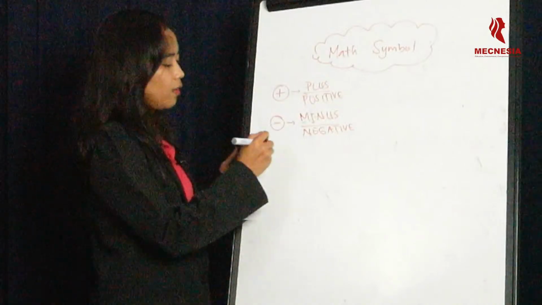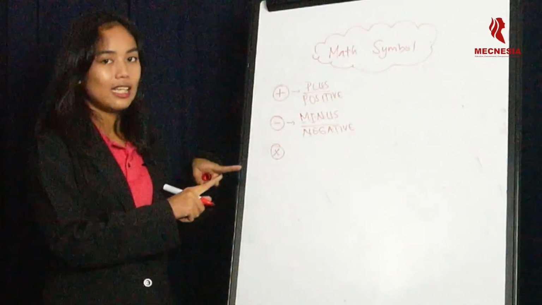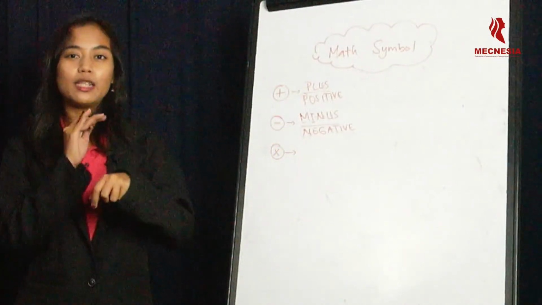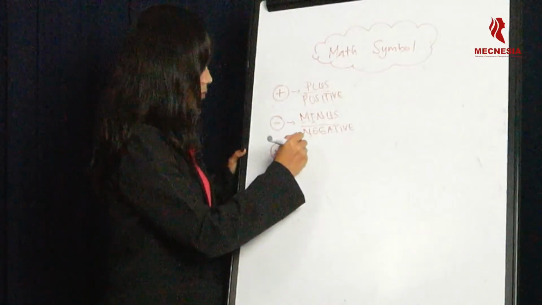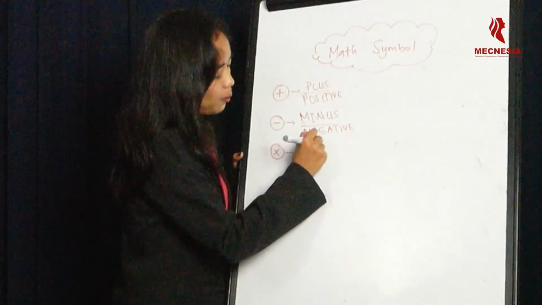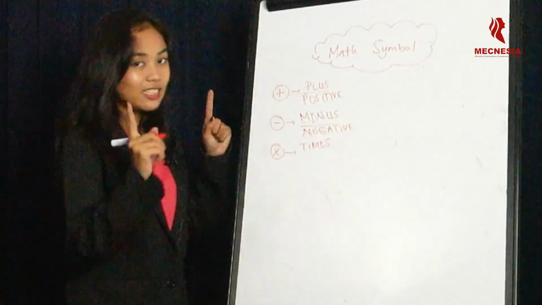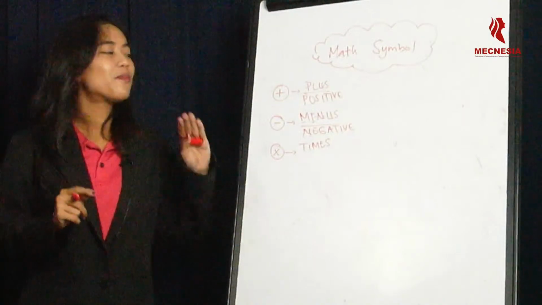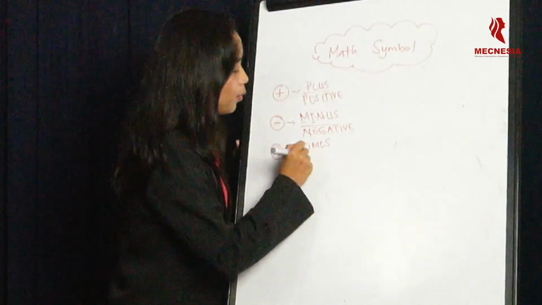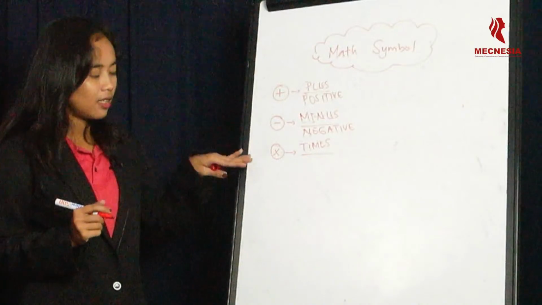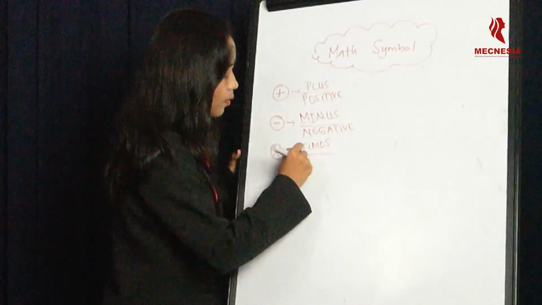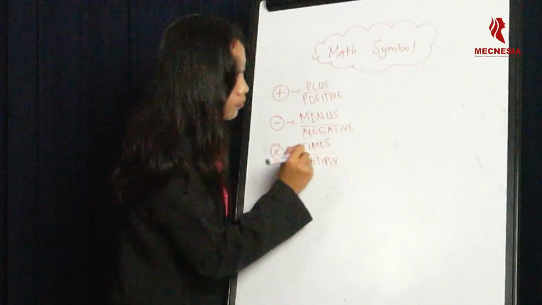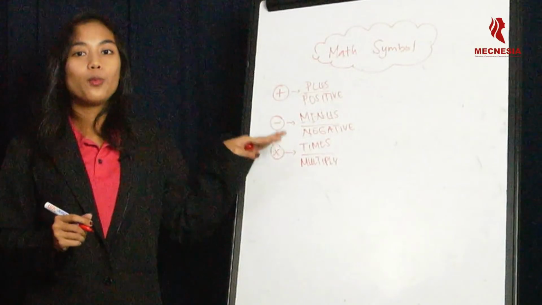Next we have kali. Kali sama kayak waktu. Waktu is time. Kali in English is times, but with S. Tapi ada S-nya. Times. One more time. Times. Or we can also say multiply.